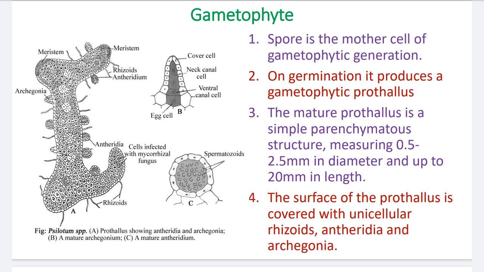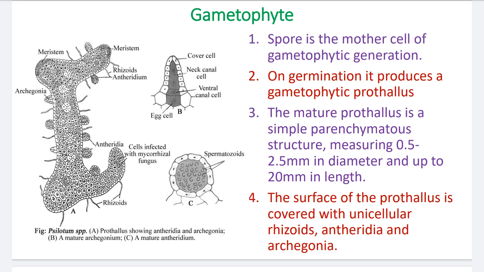That egg is haploid and contains the haploid female nucleus, and the mouth of the archegonium is covered by cover cells, which are nothing but the lid of the mouth of the archegonium. Now this is the antheridium. Antheridia are circular, multicellular structures, and at maturity they produce many sperms.